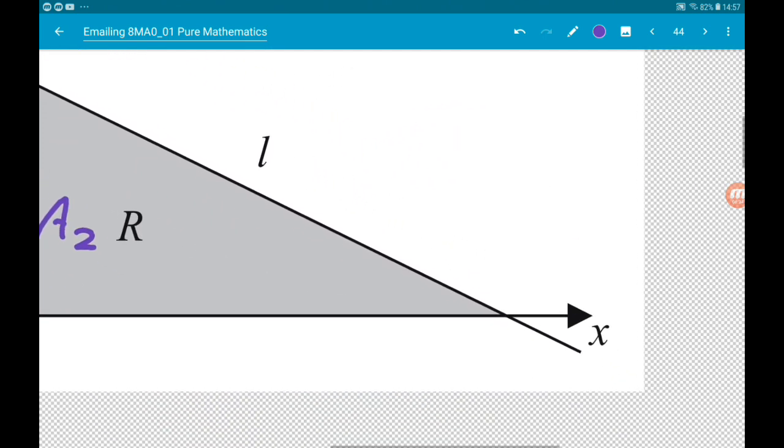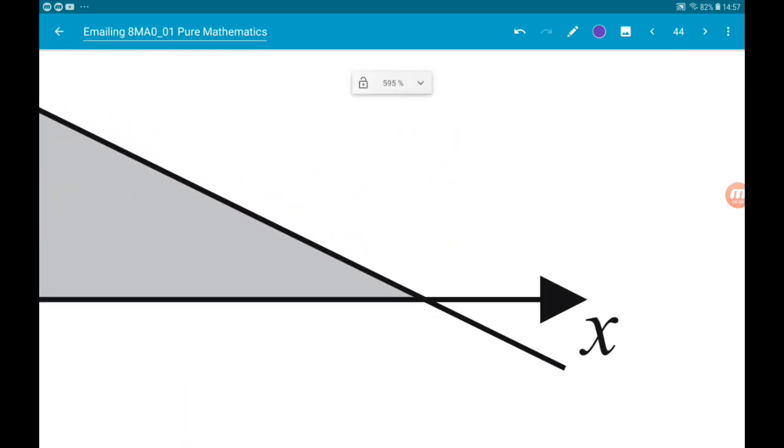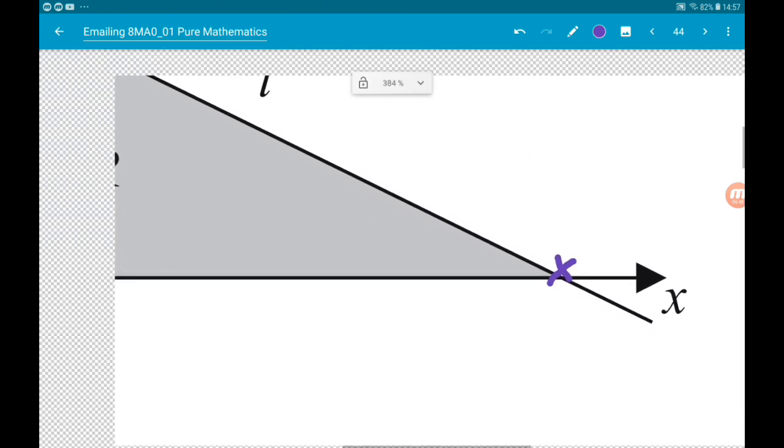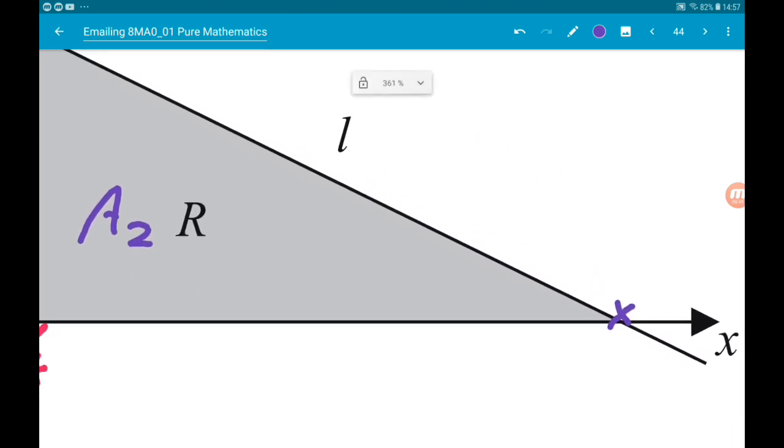What we need to know is that coordinate there. Then we would know the length of the triangle, and we can work out the area. So we need to work out the equation of the normal.